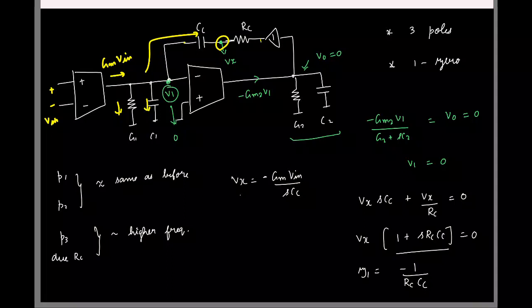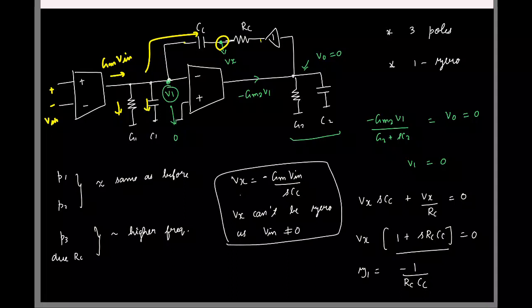Is that logic okay? Till this point I guess it's fine, right? So now this can imply either Vx is 0 or the second term is 0.